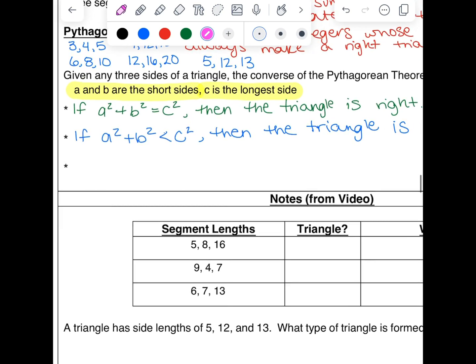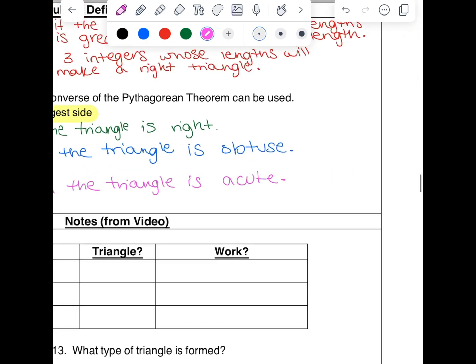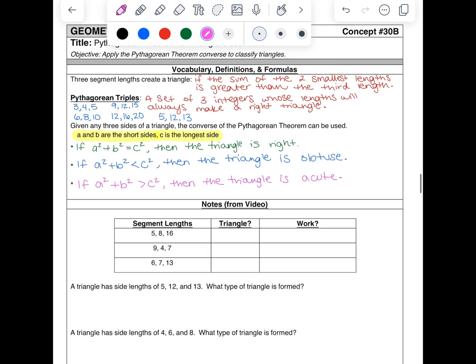And the last statement, you can probably guess, states that if a squared plus b squared is greater than c squared, then the triangle is acute. So those are the 3 scenarios. The triangle can be a right triangle, an obtuse triangle, or an acute triangle, depending on the Pythagorean theorem.